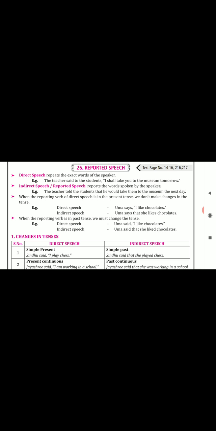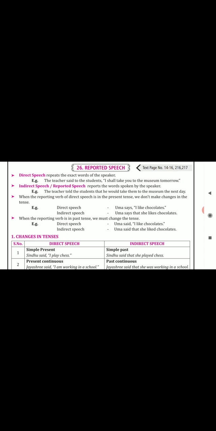And then indirect speech does not have the actual words of the speaker, but it has the content of what they have said. This is called indirect speech. Let us see the example.